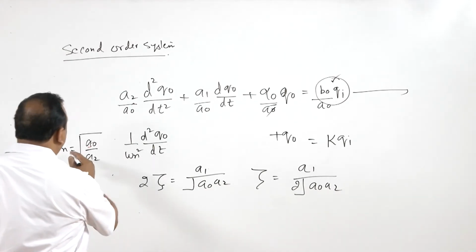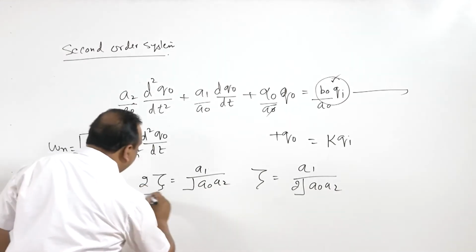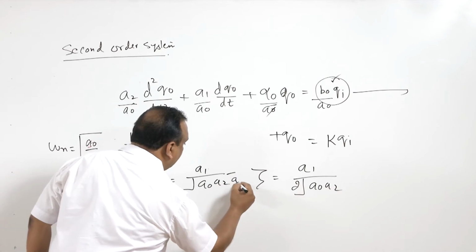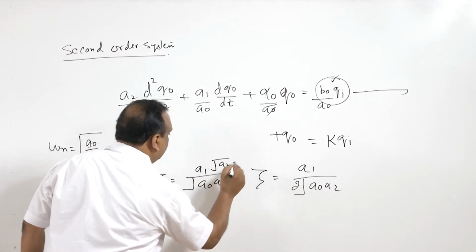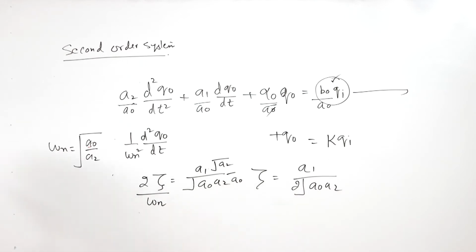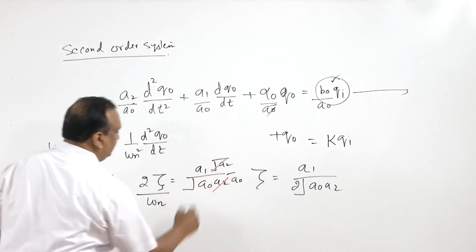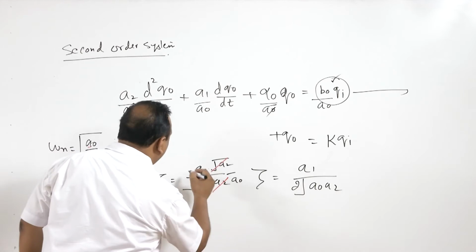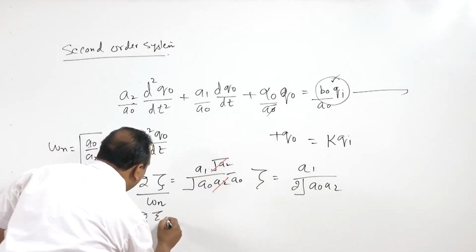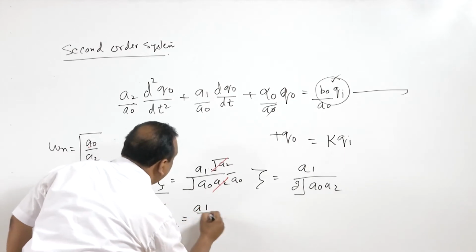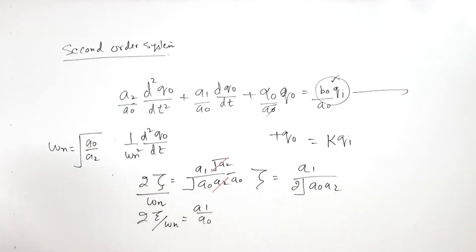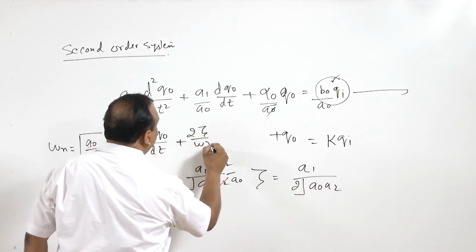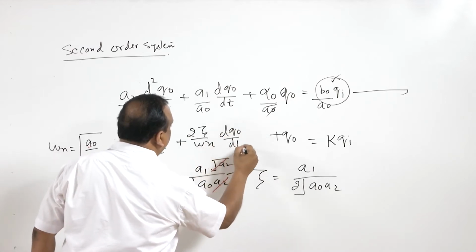And when we divide this by omega n, it becomes AO and under root A2, and these two will be cancelled out, and we get the value of A1 by AO. So 2 zeta by omega n is equal to A1 by AO. So here we will put plus 2 zeta by omega n dQO by dt.